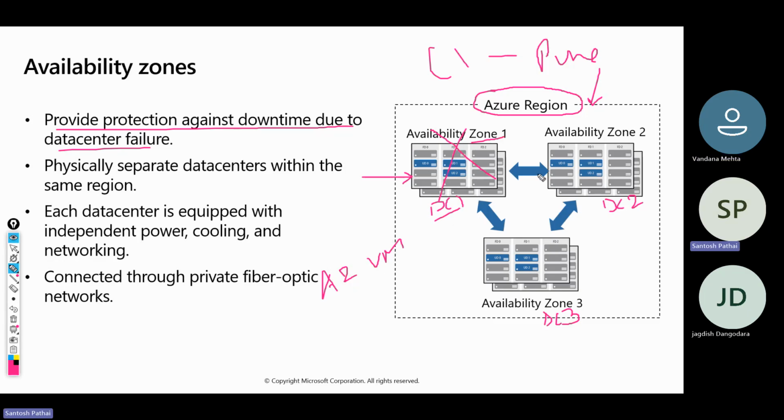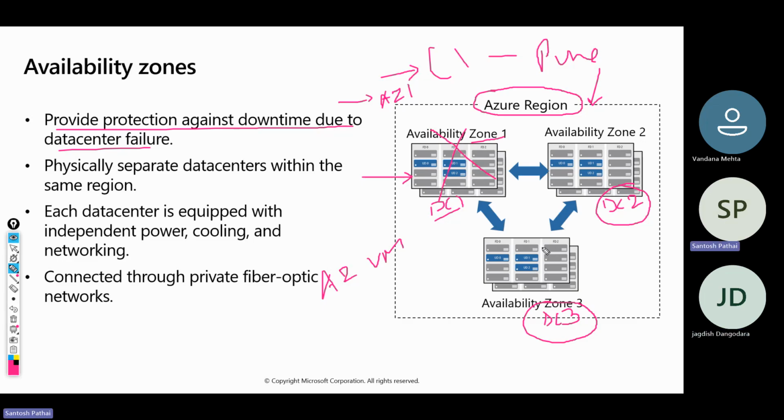Maybe Jagdish is also creating a VM in Central India and selecting availability zone one, but in the background it may be data center three. For Vandana, it can be data center two.